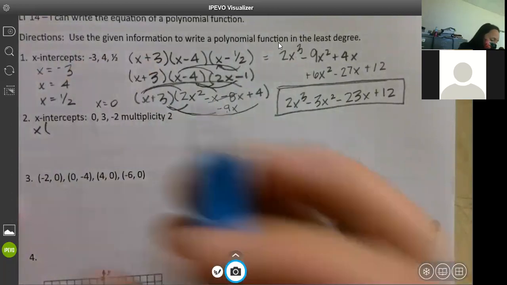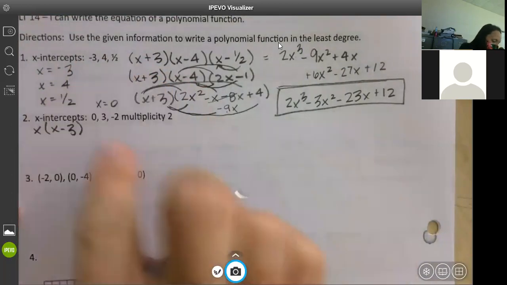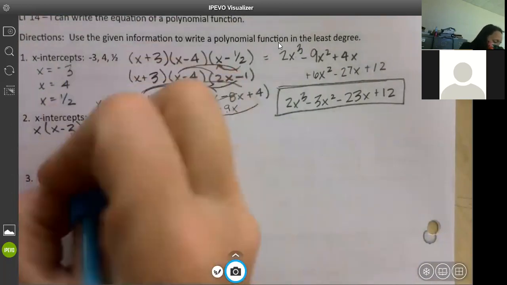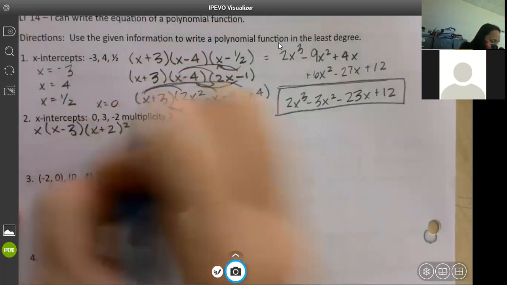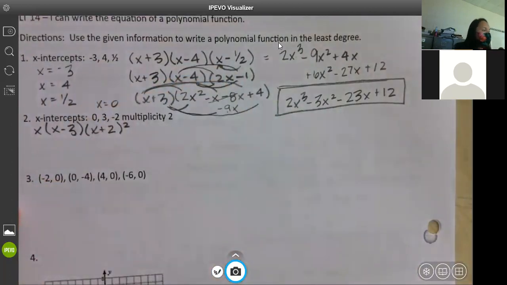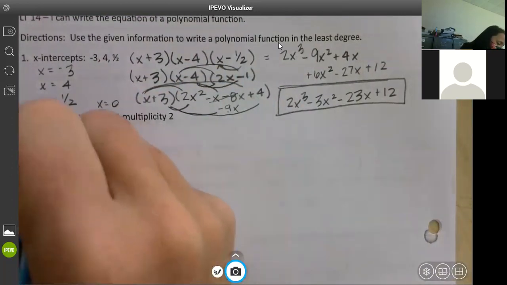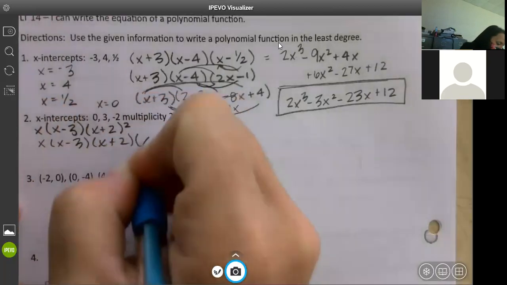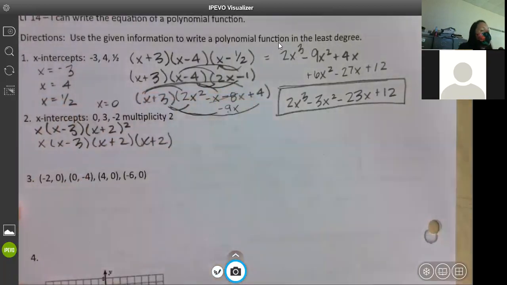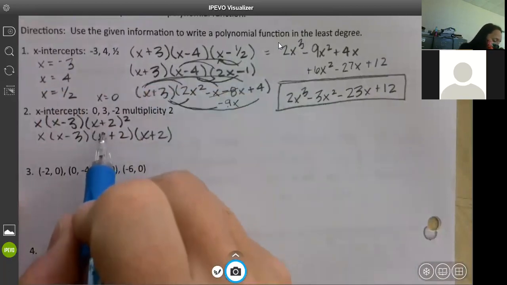What about the positive 3? And then it says negative 2 multiplicity of 2. So what would your factor be? X plus 2, 3. Perfect. All right, so to multiply it out, this is x plus 2 squared. I'm going to distribute just in the back.